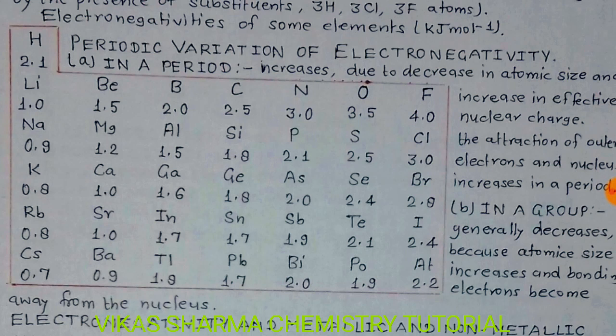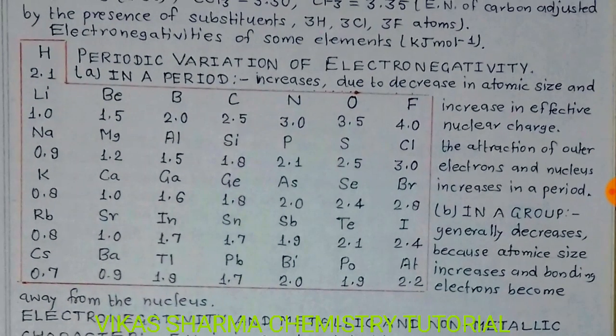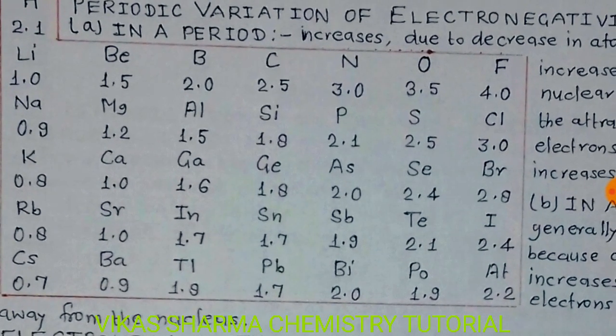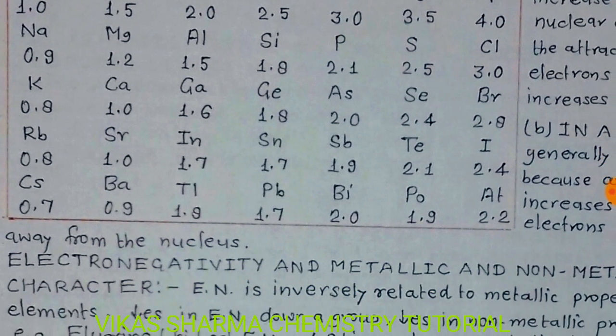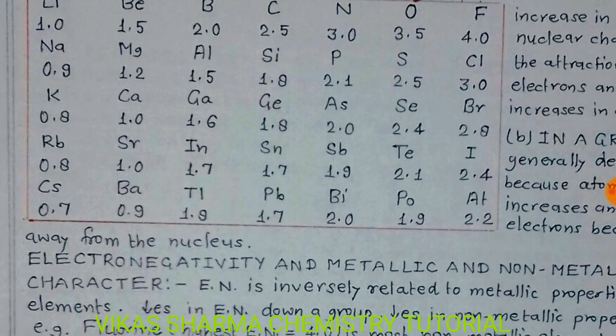Periodic variation of electronegativity in a period, student. If we discuss the third period, sodium has 0.9, and moving from left to right, you have seen the trend: electronegativity increases. Chlorine has 3.0.